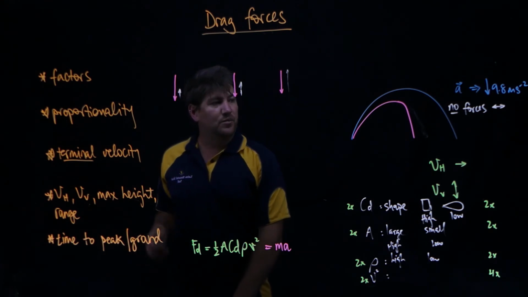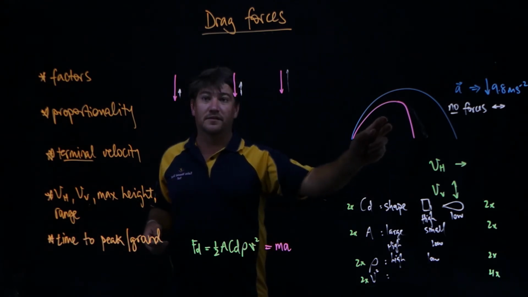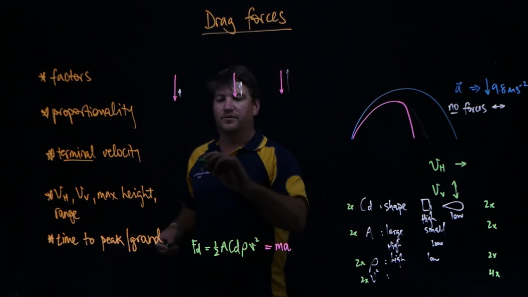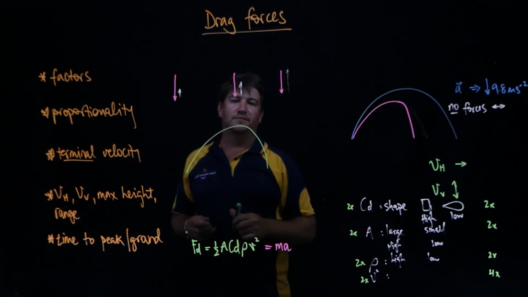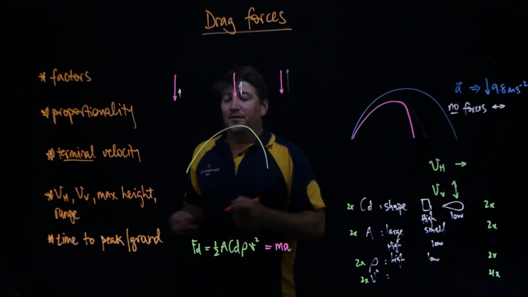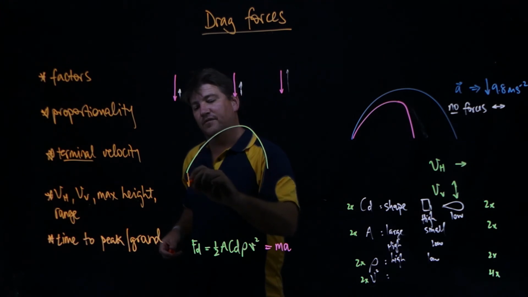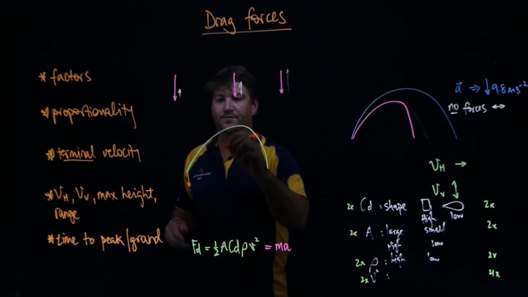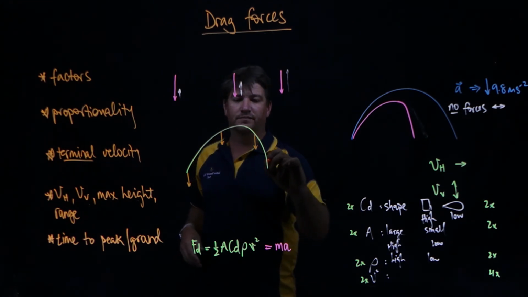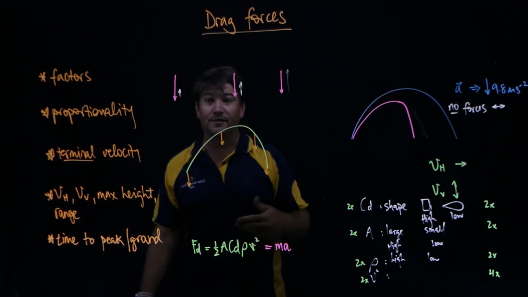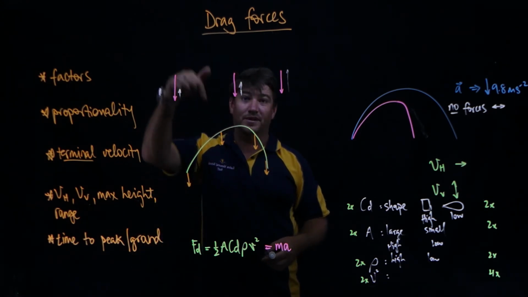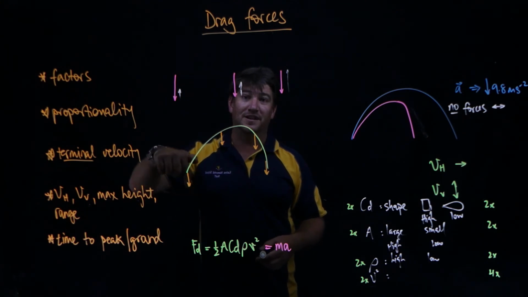Now, on the way up, during this version of events over here, I'm going to redraw that because I don't like that whatsoever. It's still not great, but we're going to deal with it. On the way up, we have gravitational acceleration downwards, always. But on the way up, we've actually got a wind drag force pushing down as well.